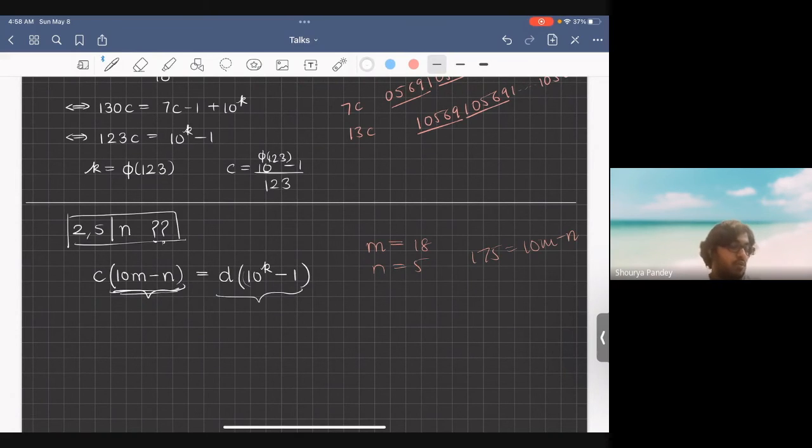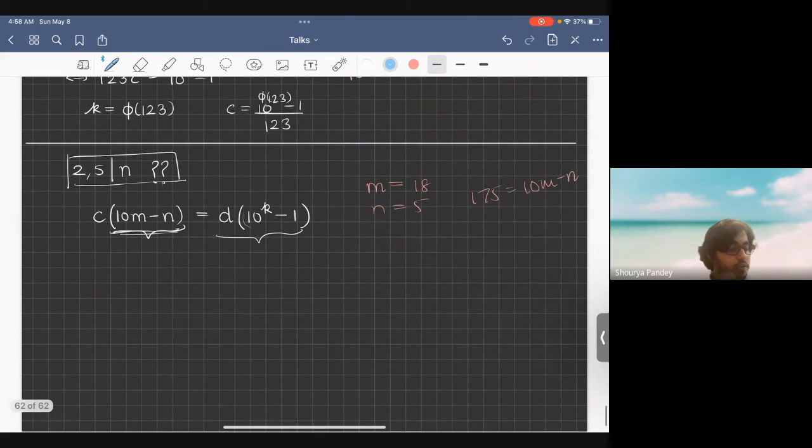Okay, so what do we do here now? Literally the approach fails. The problem is that if any higher power of 2 or 5 divides 10^m minus n, then I'm forced, okay, not for 2 but at least for 5, to take d equal to 0, and hence c equal to 0. So what can we do now?